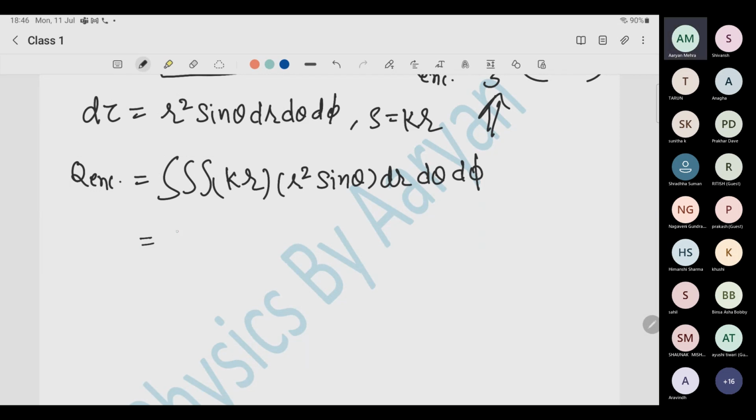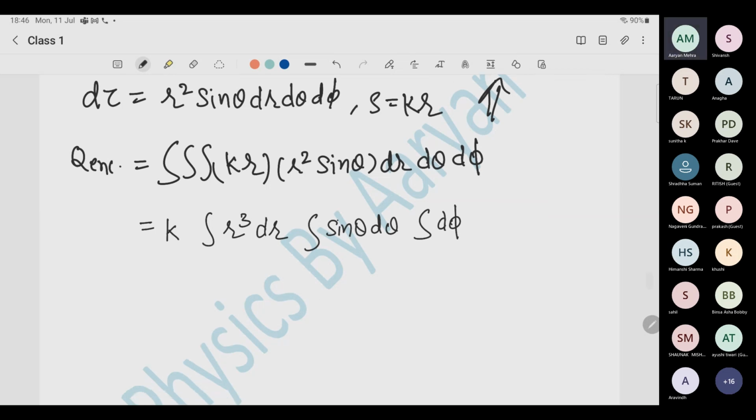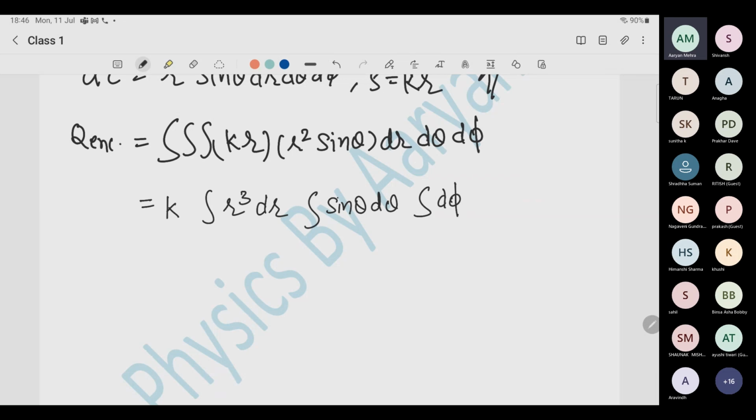So now k is constant. k can come outside. You can write r cube dr, sin theta d theta, and d phi. Now a very important question, and I only want any girl who hasn't answered before to answer this.